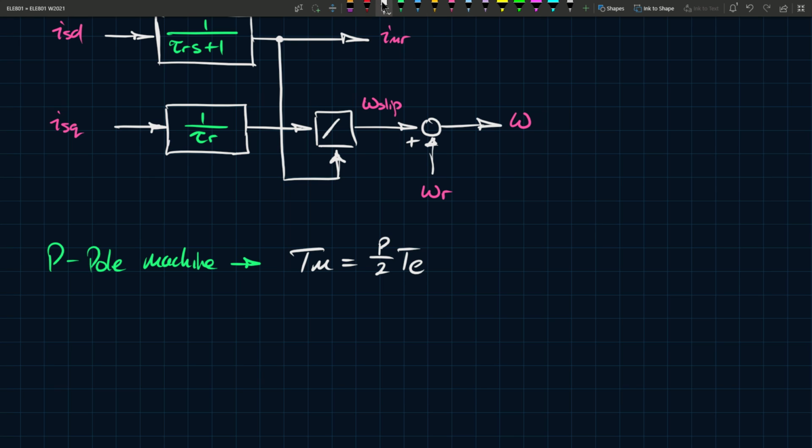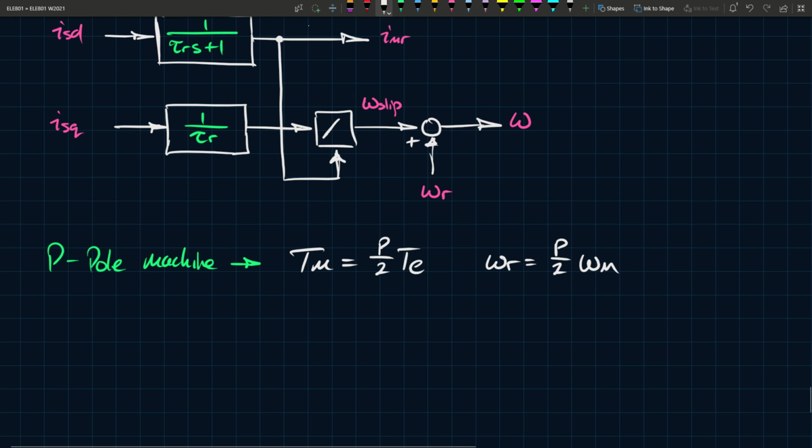So there's a factor of P over 2 in what the machine can actually output. And omega r is equal to P over 2 times omega m. This is how the machine output is related to the actual physical parameters of the rotor flux and the electrical components. So this is the relationship between the electrical and the mechanical components.